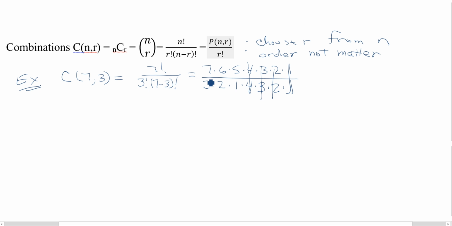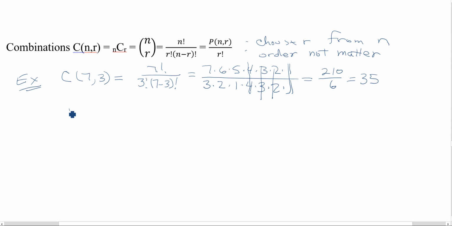And so this is where I get that definition of 7 permutation 3 over 3 factorial. And that would be 30 times 7, or 210, over 6, which would divide to 35.